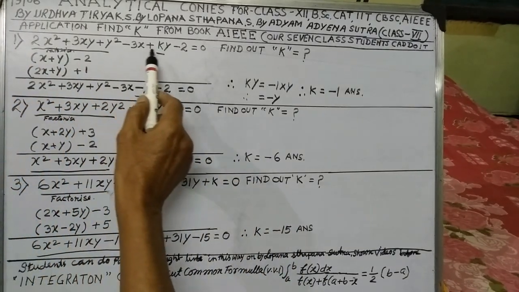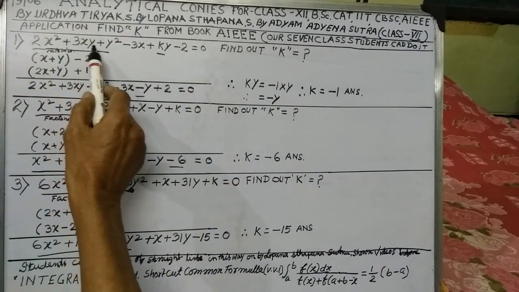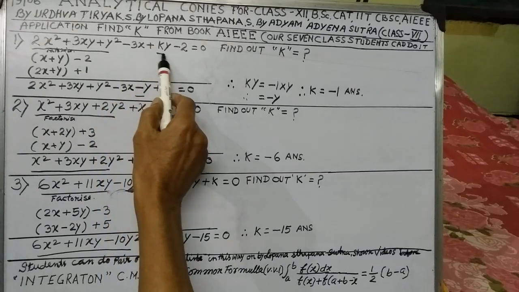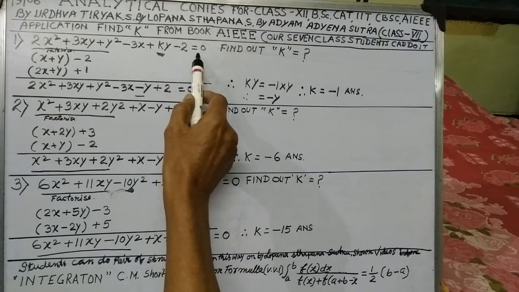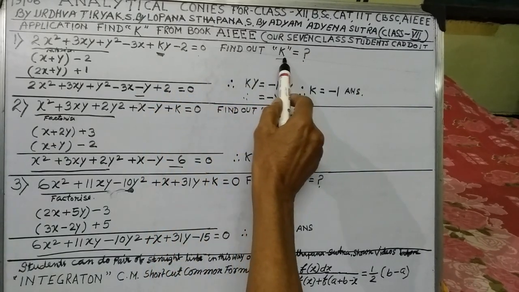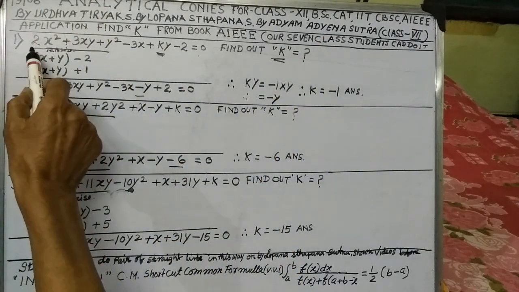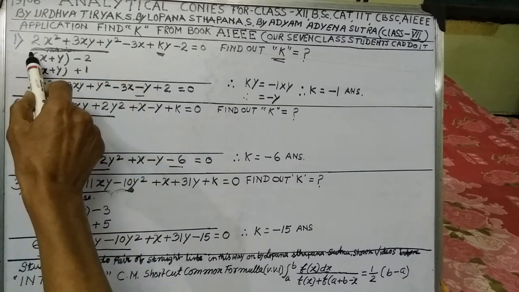Number 1. Here the question is given: 2x square plus 3xy plus y square minus 3x plus ky minus 2 is equal to 0. We have to find out what k is equal to. At first, as per the previous video, factorize it.